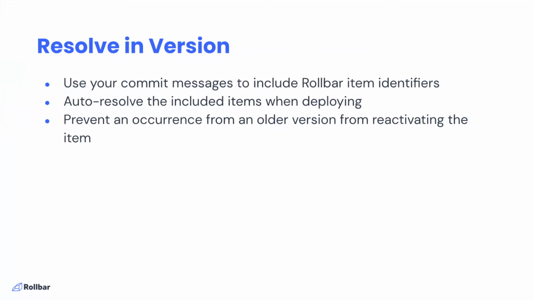With the items that do appear in your web app, one of the options you have to resolve them through the UI is to choose a specific version that will mark that as resolved. And that's particularly useful for accounts that have multiple versions of code being used in production.